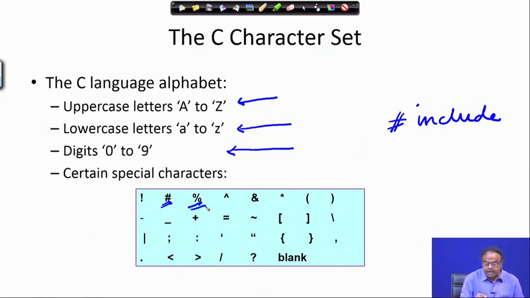Percentage, we have seen that when we said percentage %d, percentage %f, you have seen that, and this sort of symbols, you have already encountered. All these are certain special characters that are allowed in C, all right.